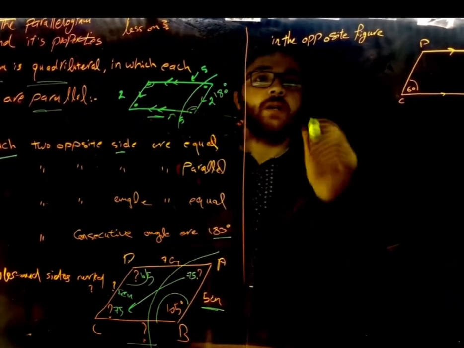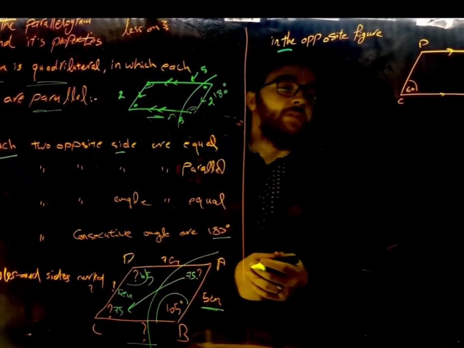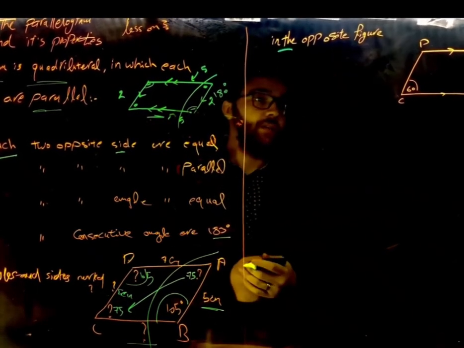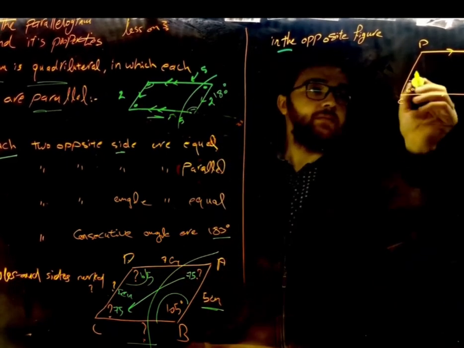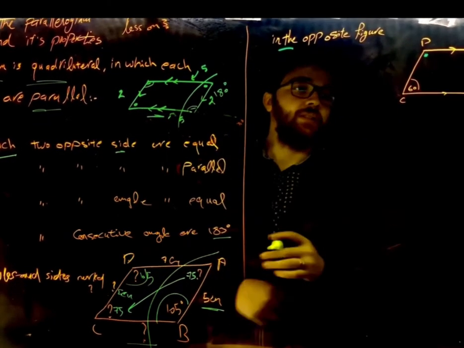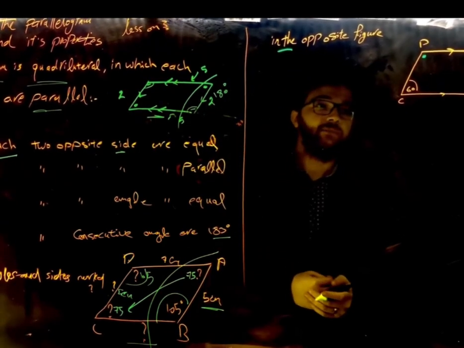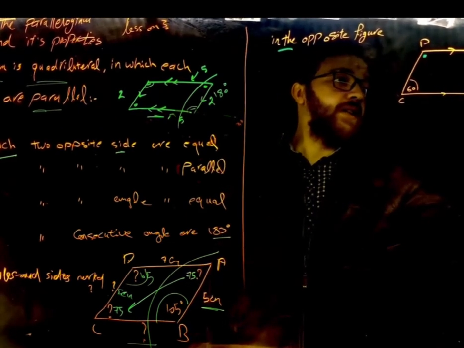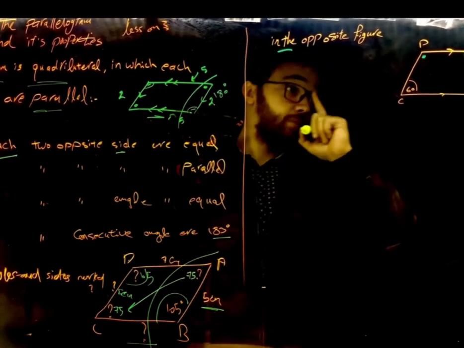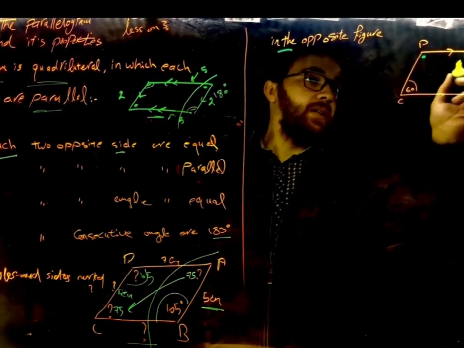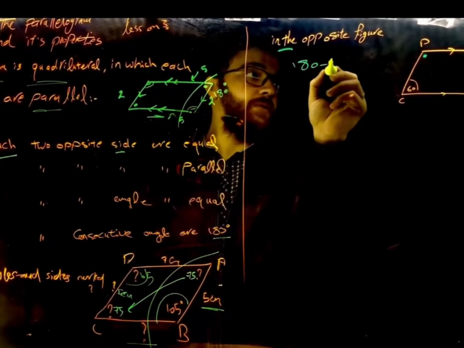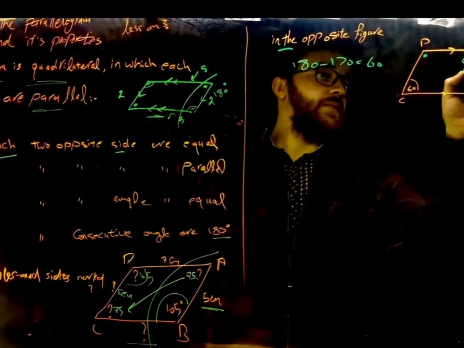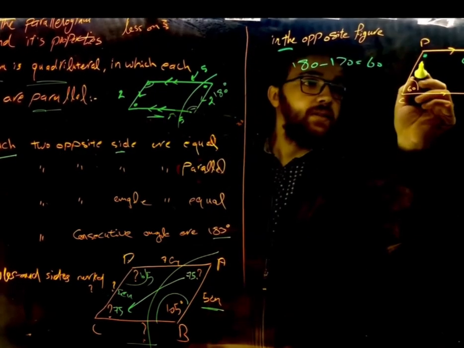Another example, in the opposite figure, find the measure of angles DAB and ABC. Okay. The angle on a line segment is equal to 180, and a part of it equals 120, then angle BAD equals 180 minus 120, which equals 60. Okay, this is 60. Find this angle.